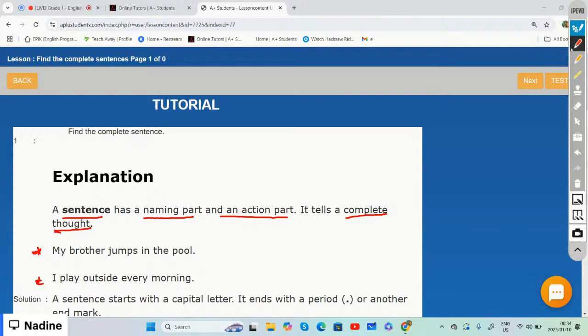If we were to identify the naming part in that sentence, it is my brother, because it tells us who or what did the action. Who did the action? My brother did. What did he do? He jumps in the pool.